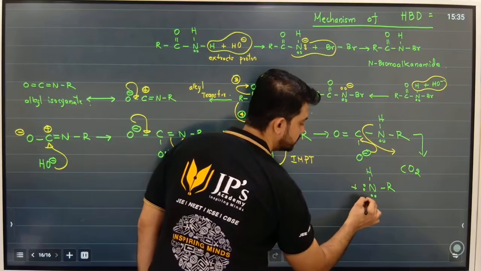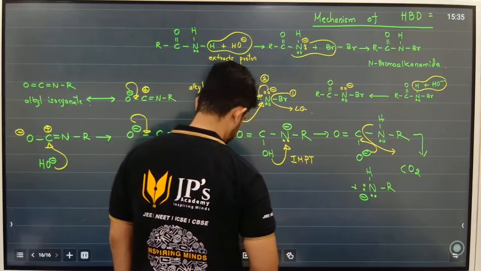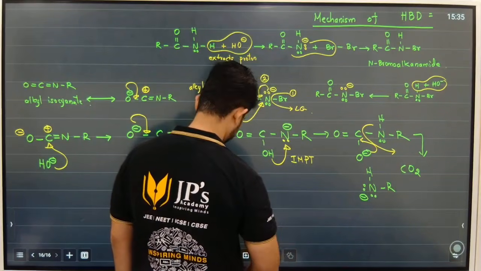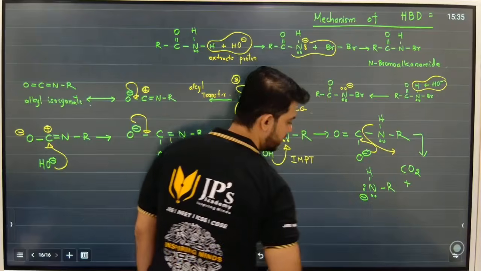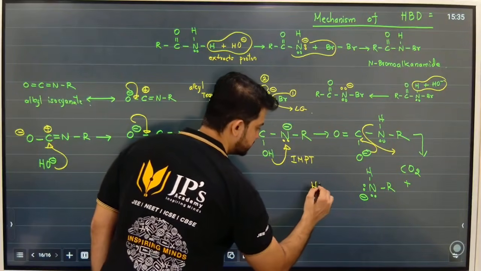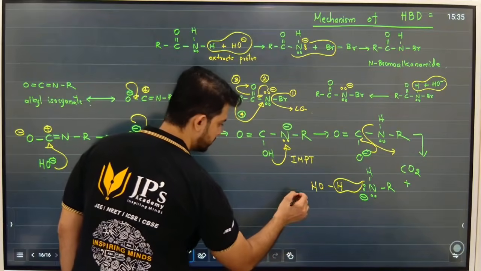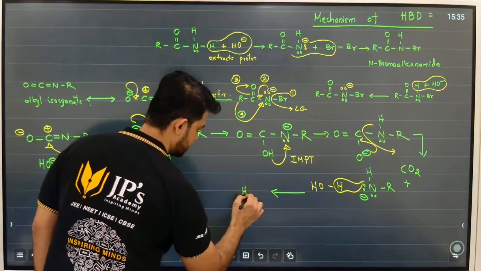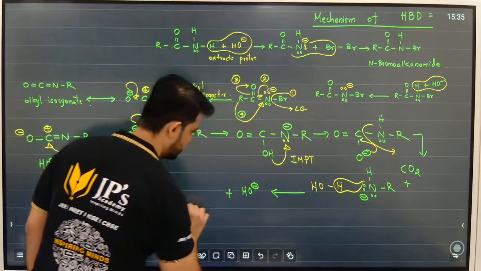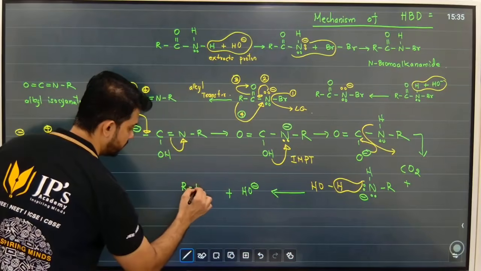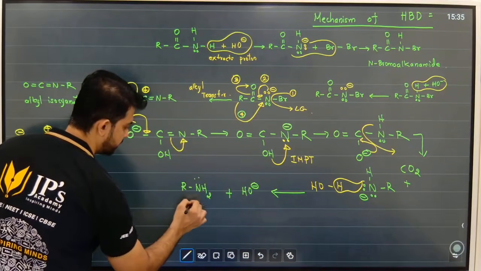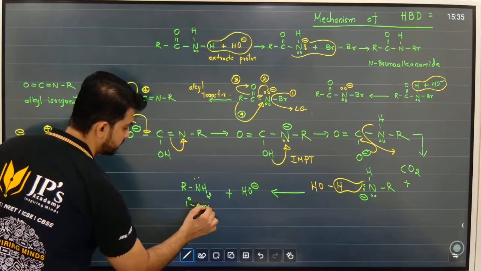Again nitrogen has a negative charge. And finally, from the solvent nitrogen will extract a proton. Your catalyst comes back, and you get your primary amine.